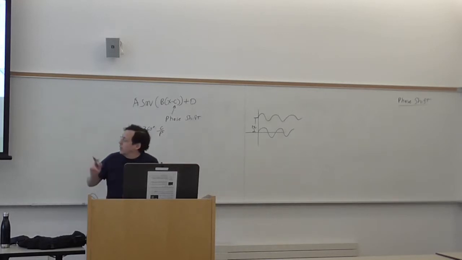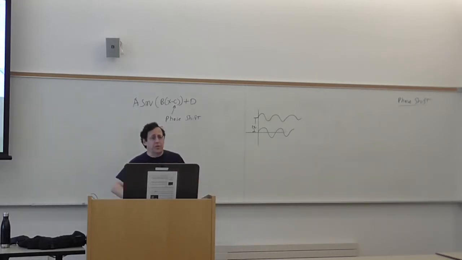So what I'm showing you here is a 360 degrees phase shift. Let's put just pi, that would be a 50% or 180 degree phase shift. Or it's going to come up a little later, so I'll say 2 pi over 3. So that's a phase shift of 120 degrees. It's a third of a period.